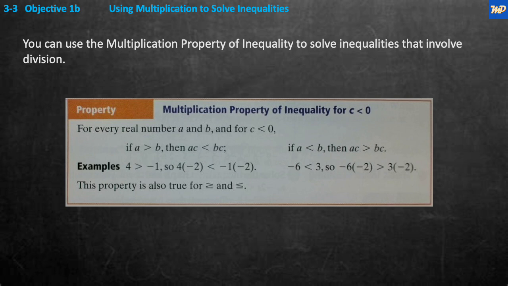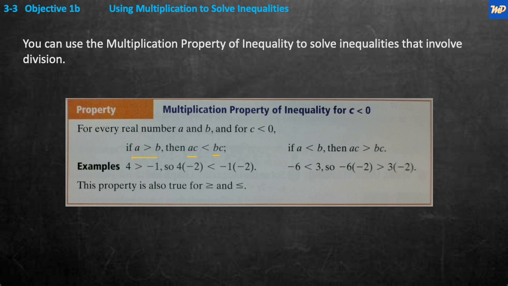So, the multiplication property of inequality for c less than 0. This is now c is less than 0. For every real number a and b, for c less than 0, if a is greater than b, then a times c is less than b times c. Now remember, c is negative.